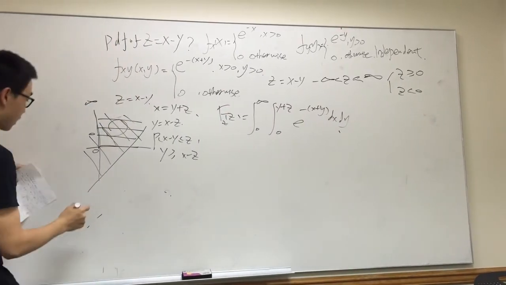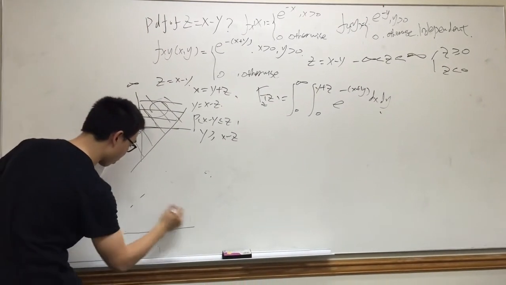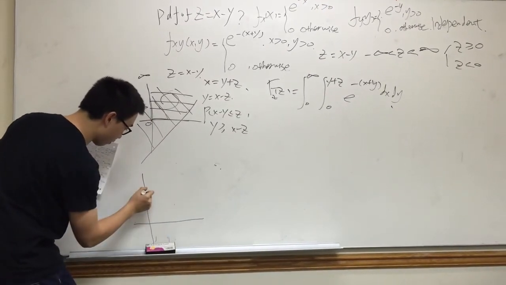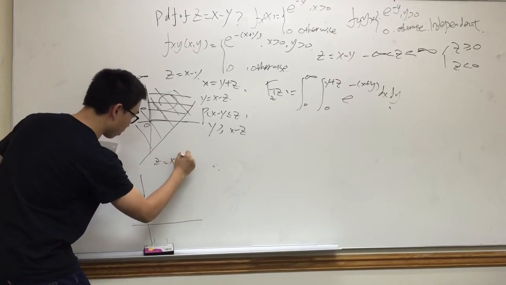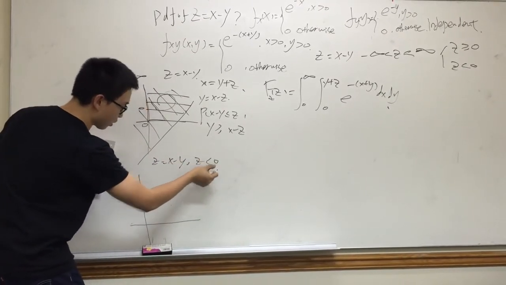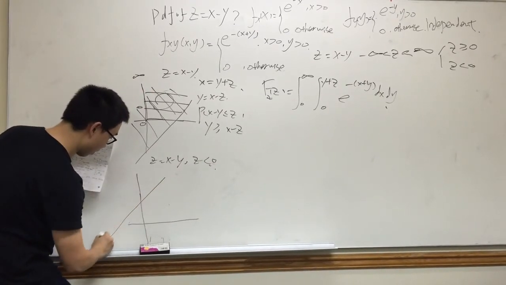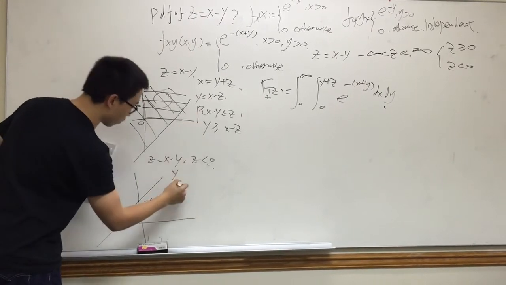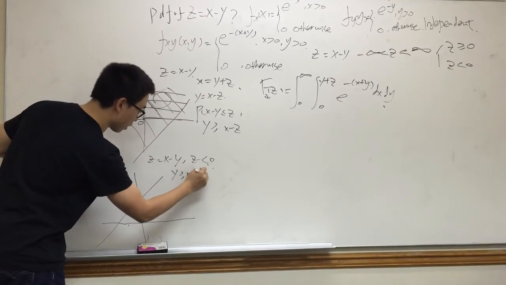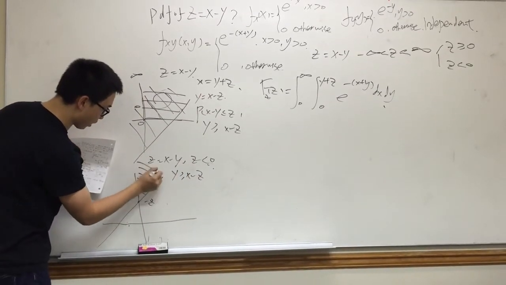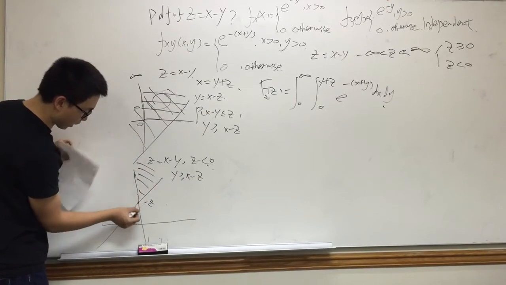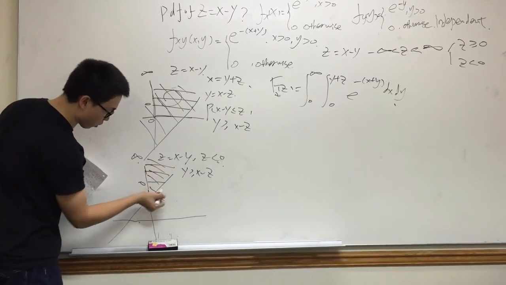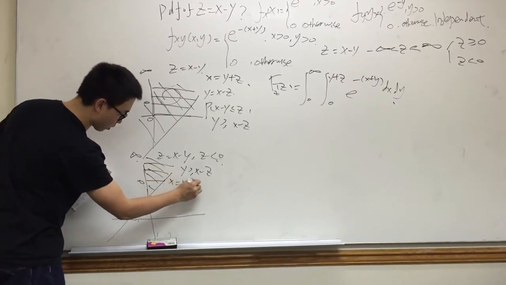And the second scenario is when z is less than 0. The line of z equals x minus y when z is less than 0 is like this, and this point is minus z. Y will be greater than x minus z, so this shaded area is the region, and we can find that y is from minus z to infinity, and x is from 0 to y plus z.